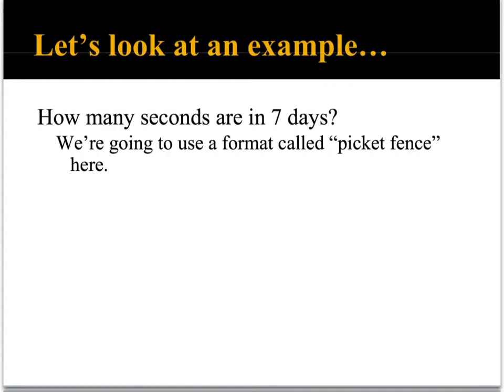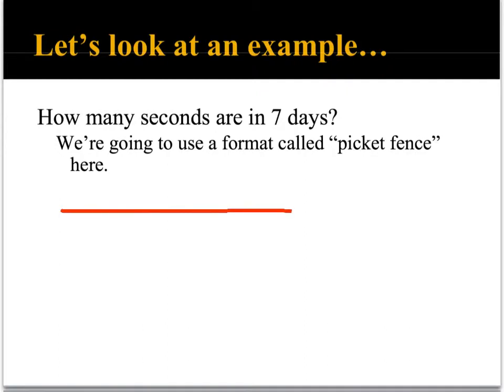All right, so it makes the most sense to learn about this by looking at an example. The example that we're going to do here is how many seconds are there in 7 days. I'm going to show you how to set it up using a format called picket fence.